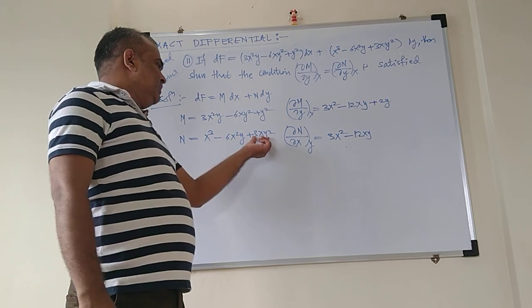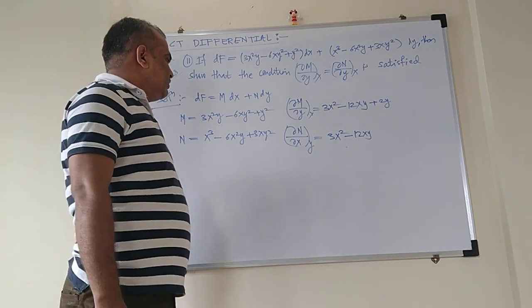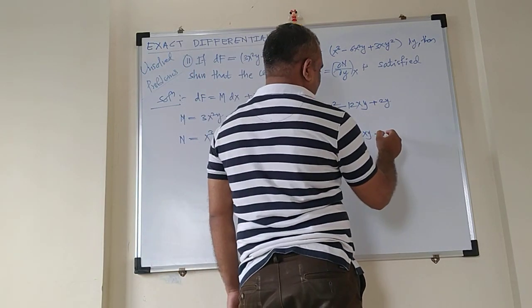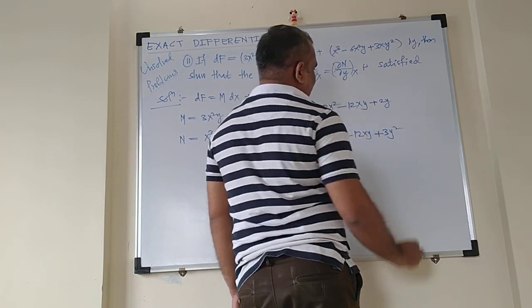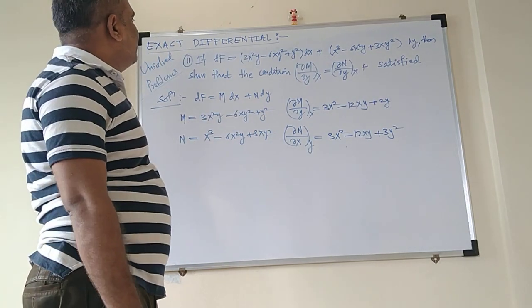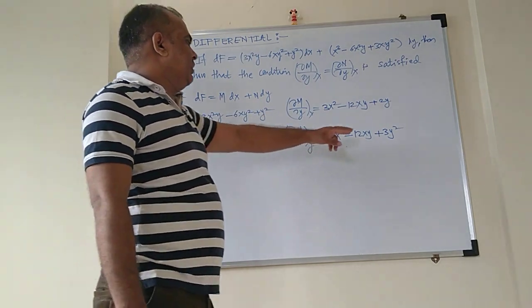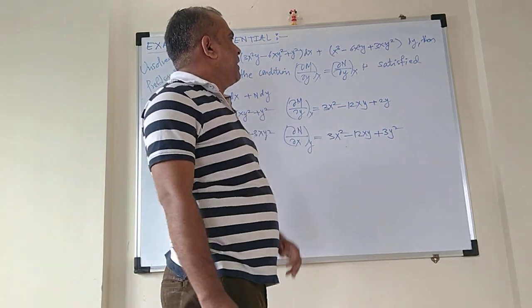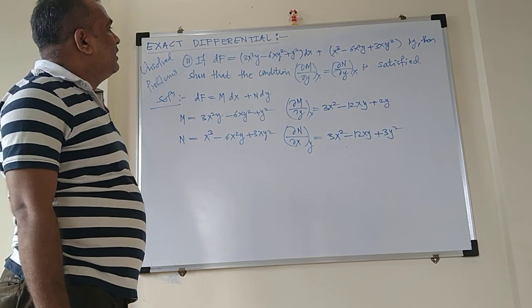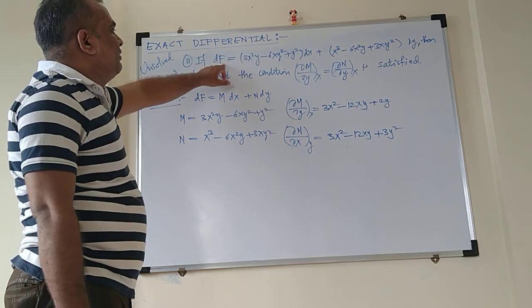If you differentiate this third term with respect to x will be equals to 3y square, y as a constant, so plus 3y square. But that doesn't match your condition for exactness because both are not equal, the third terms are different. So there might be a problem or there might be a mistake in the problem itself.